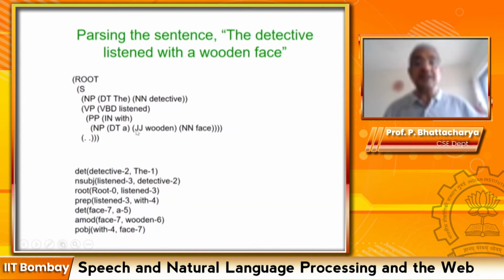So these three entities, a wooden face, form a chunk. And with a wooden face is a preposition phrase. Sorry, preposition phrase is not a chunk. A wooden face is a chunk. So you can see this kind of structure emerges.